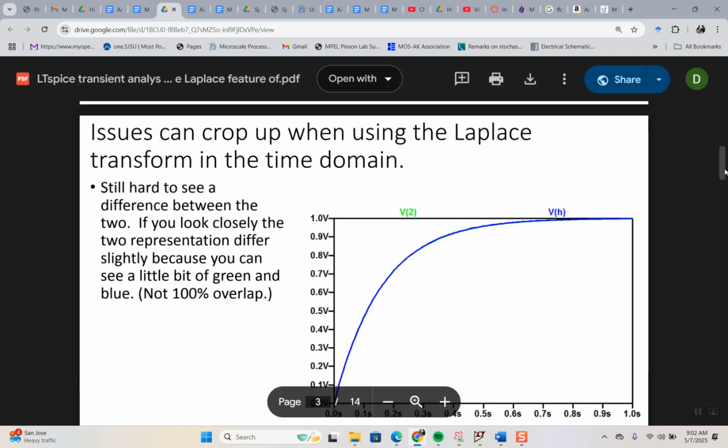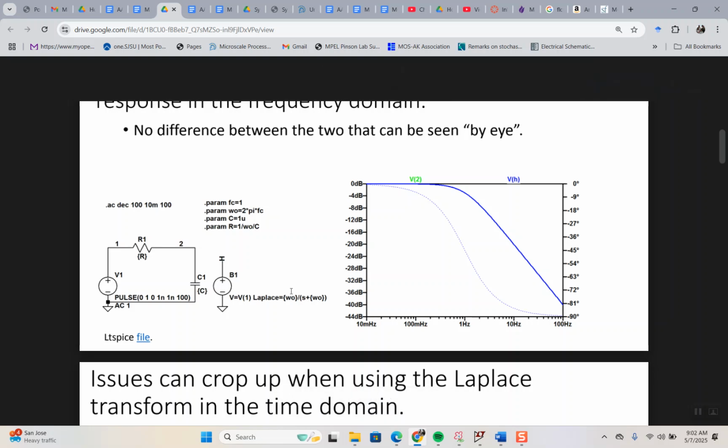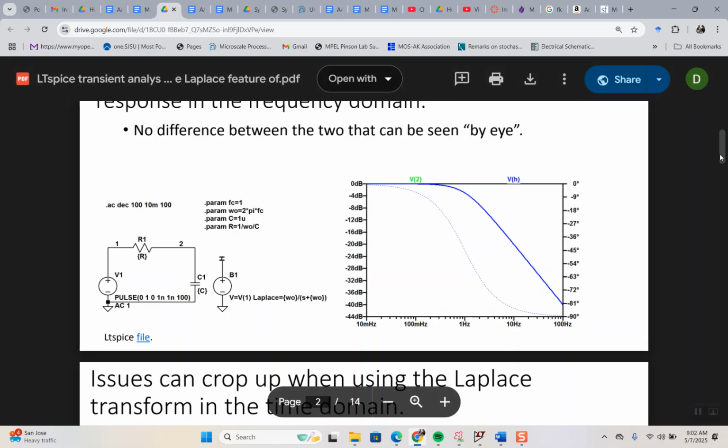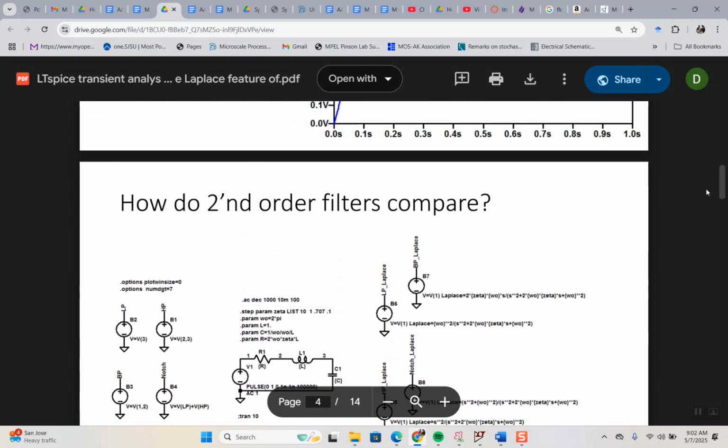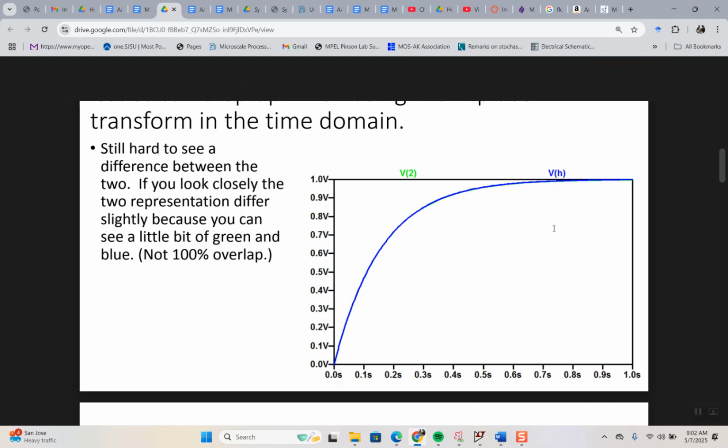Now, the thing is, you can actually turn this into a transient simulation. You have a step and all of that. And you can see that V2 and VH are, at least from a plotting standpoint, indistinguishable.